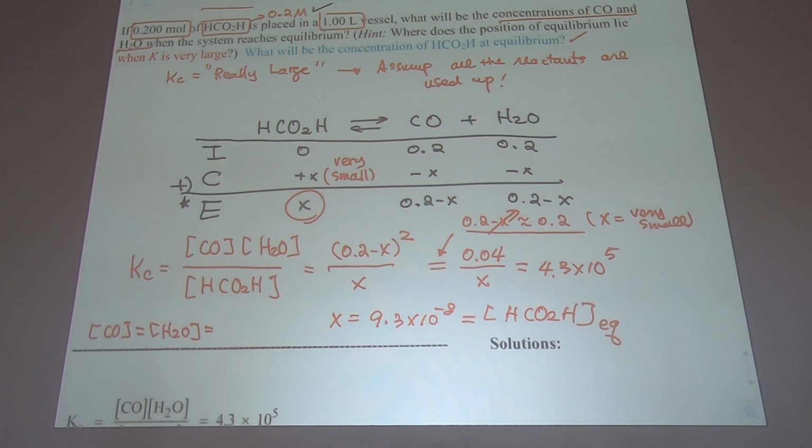That will be 0.2 minus x, and we already know that is close to 0.2. The answer for the first two questions is 0.2. The x, which is the reactant concentration at equilibrium, will be this very small number, once again like 1 over a billion.